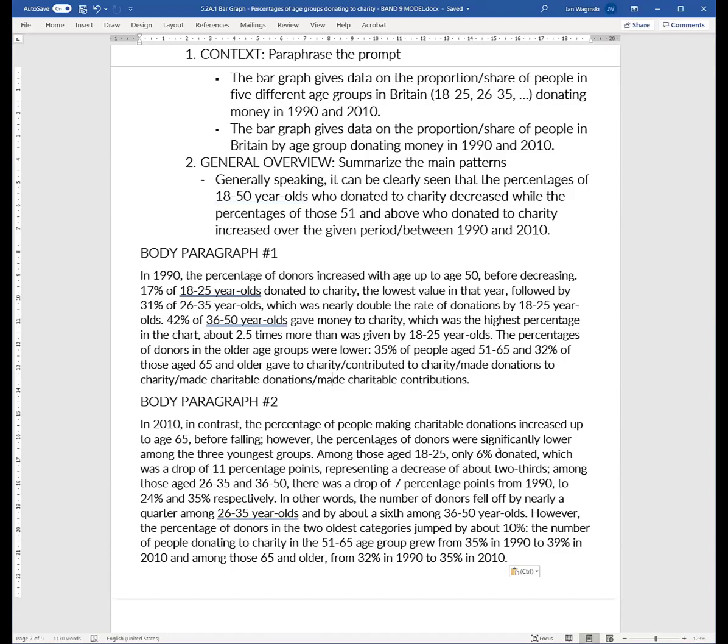There are lots of Band 9 samples throughout the course. For Writing Task 1 and Writing Task 2, some of them are written by me, most of them are written by current writing examiners. If they were to take IELTS, that's what they would write. Those are the best models you can find anywhere.